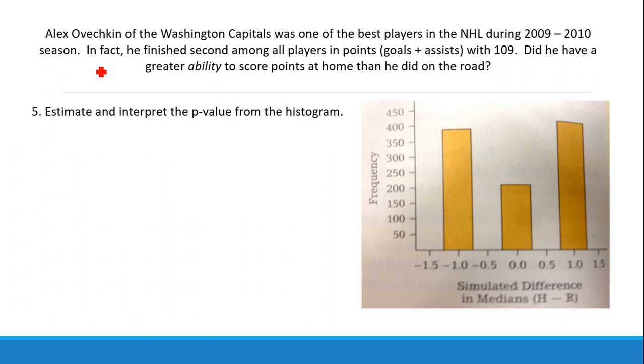Estimate and interpret the p-value from the histogram. So, our value was 1. So if you go to 1, that's 400. So it's 400 out of 1,000, which is 0.4 or 40%.